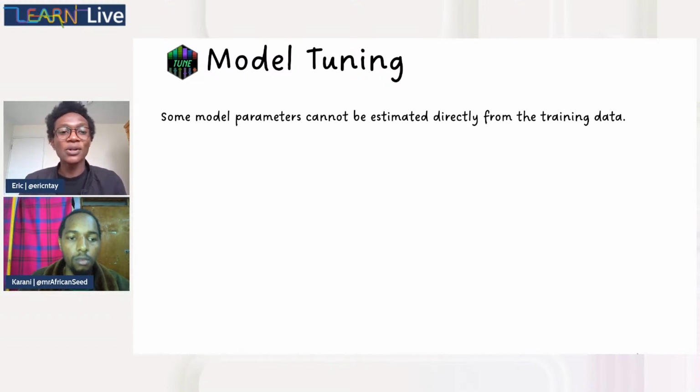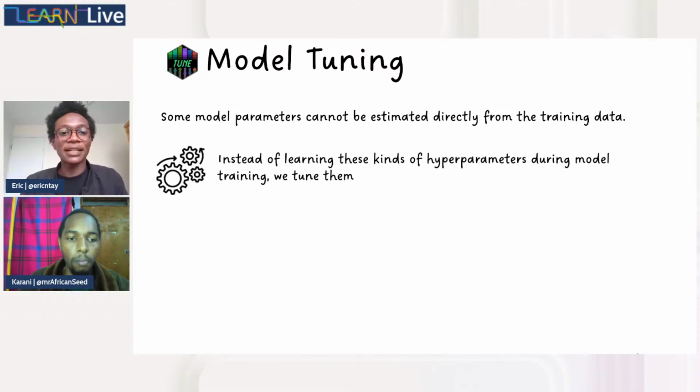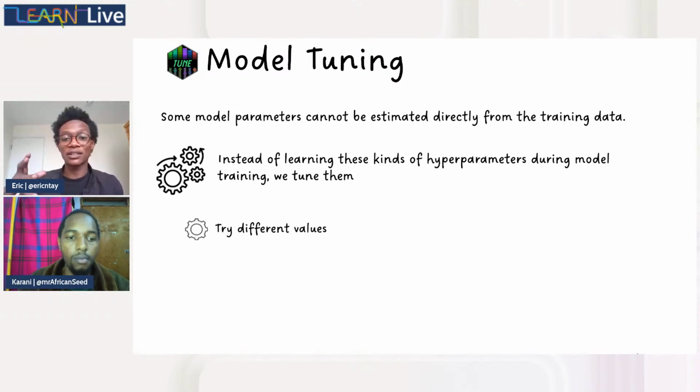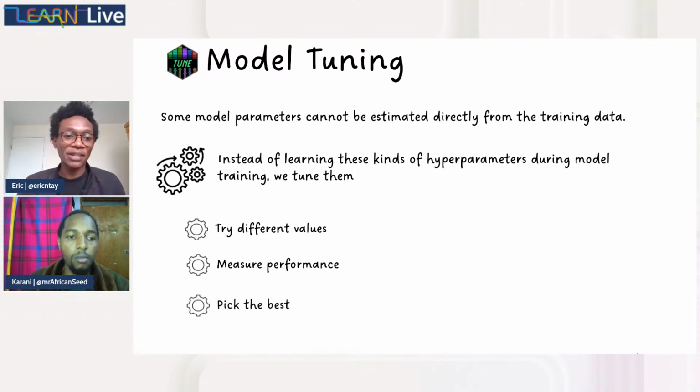to tune. So instead of learning these hyperparameters during model training, we tune them. Tuning, in very simple terms, means trying out different values. Say, try out 5 trees, 10 trees, 30 trees, measure performance, see how the model performs in doing the prediction, and then pick the best.